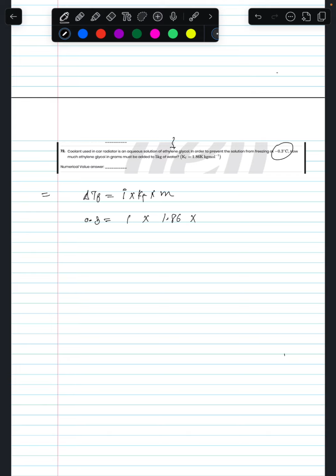We have to find how much ethylene glycol lowers the freezing point by 0.3. So it will be W upon molecular mass of ethylene glycol, 62, in 5 kg. So W will be 0.3 into 62 into 5 divided by 1.86, that is around 50 gram. So it is 50 gram.